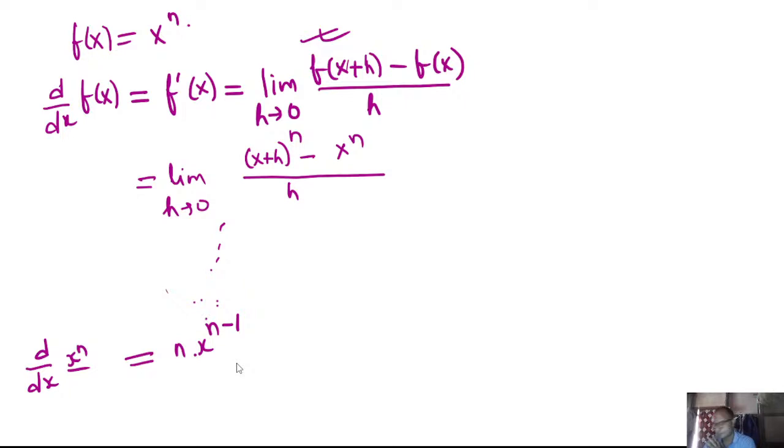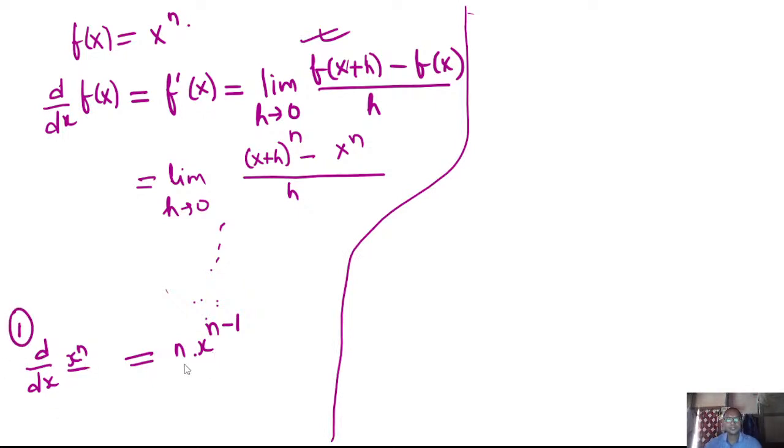Before discussing the meaning of differentiation, please focus on some formulas. This is formula number 1: d by dx of x to the power n is n times x to the power n minus 1.